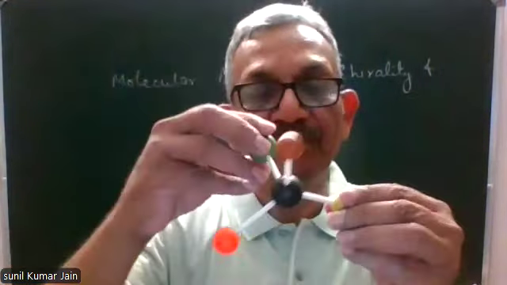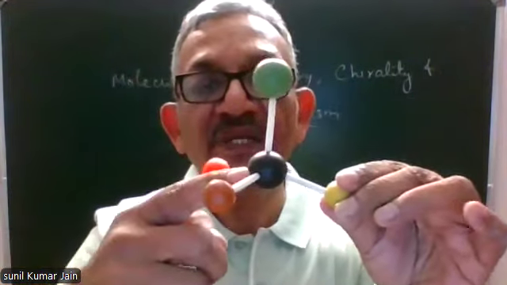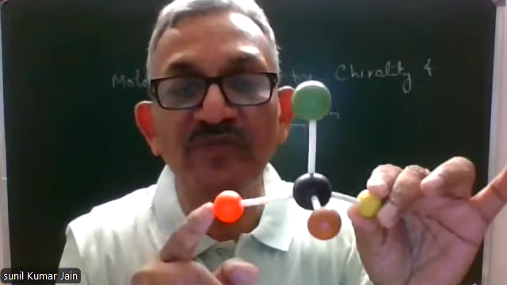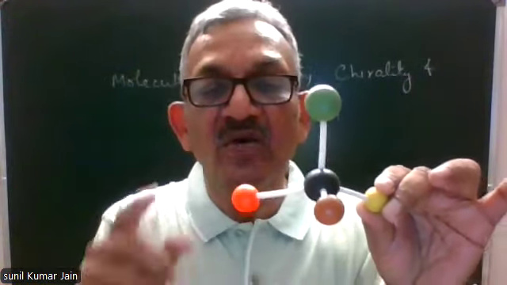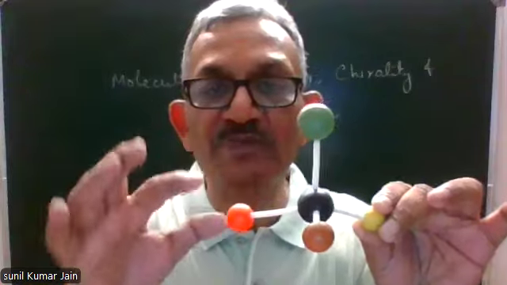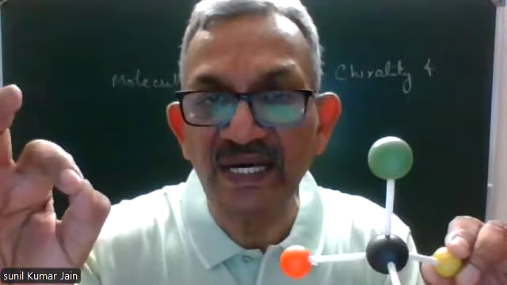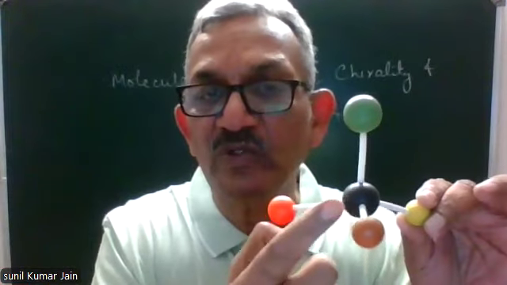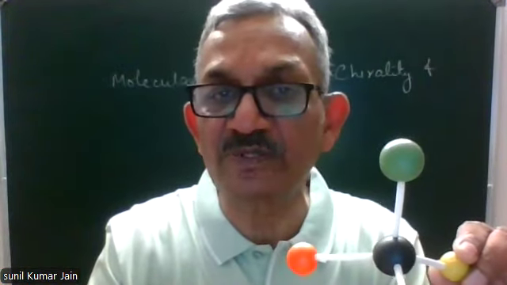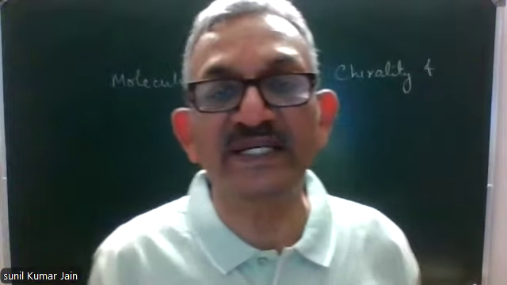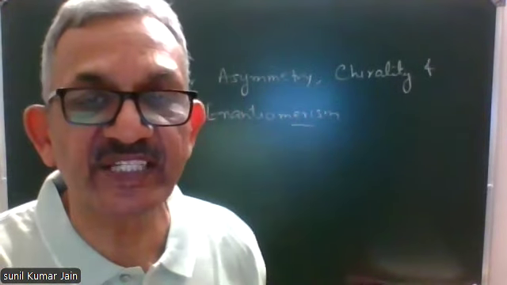Now, look at this model. This is a carbon atom. 4 balls of 4 different colors represent 4 different atoms or groups of atoms attached to this carbon atom. So that carbon, which is bonded to 4 different atoms or groups of atoms, is called a chiral carbon.